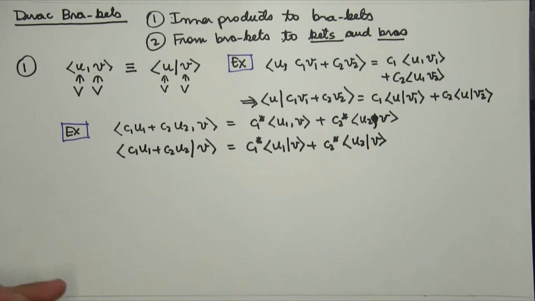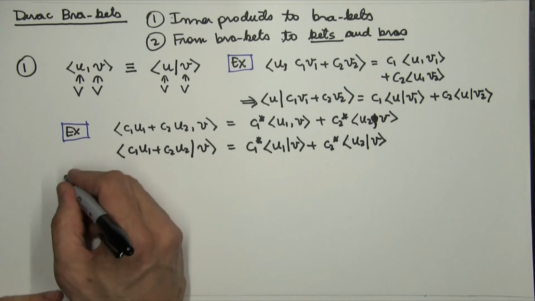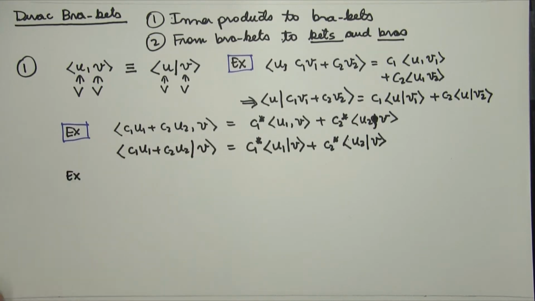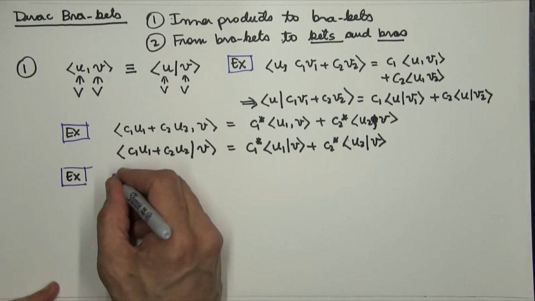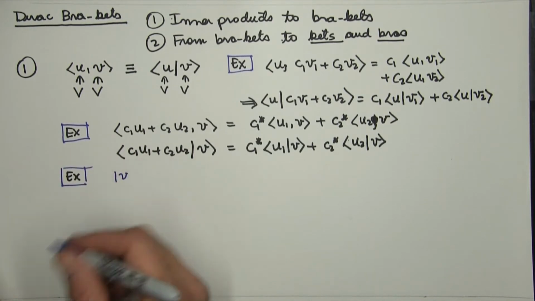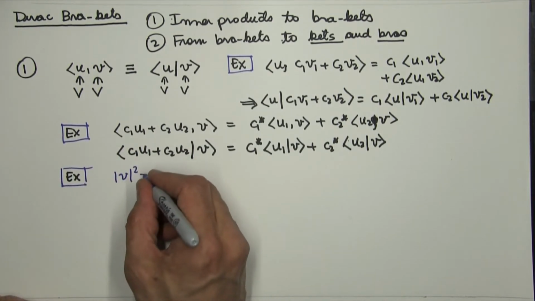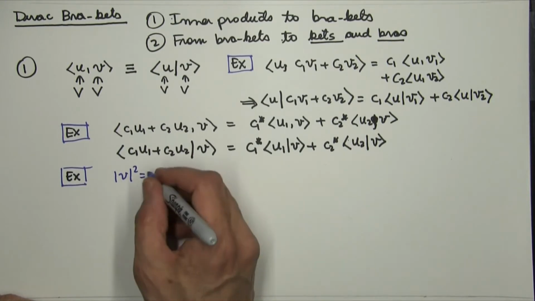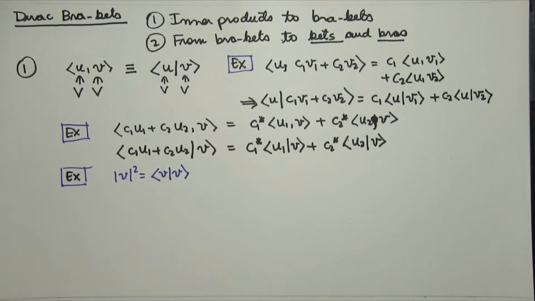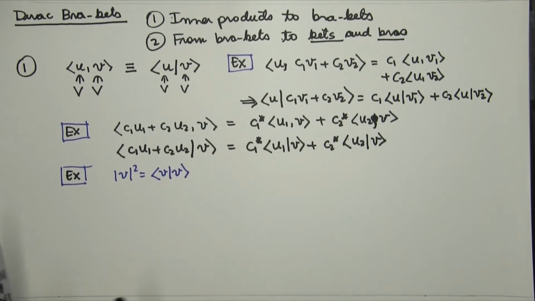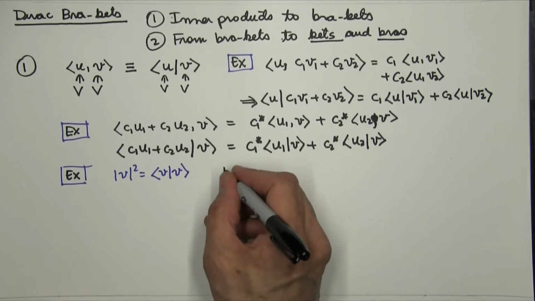There are other things you could imagine. The definition, for example, of the norm of a vector squared used to be the inner product of V with V. Now you would write <V|V>. Or Schwarz's inequality.